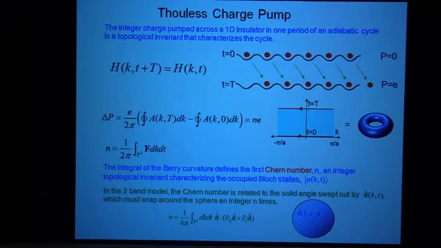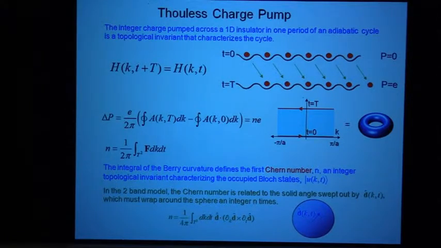Yes. How would the picture change if you had defects in the one-dimensional crystal? Defects? Yeah. What kind of defects? Well, either way. Do I have a gap? If I continue to have a gap, then I think the picture doesn't change.